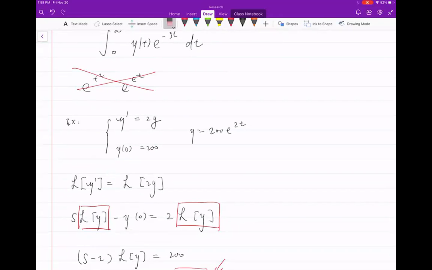Sounds good? So next time you see a differential equation, what's going to happen? You're going to put a Laplace transform on that. Okay, after that, what will happen? y prime will be gone. y double prime will be gone. y triple prime, all of them will be gone, right? Leaving you only what? Leaving you only L of y. Still okay?